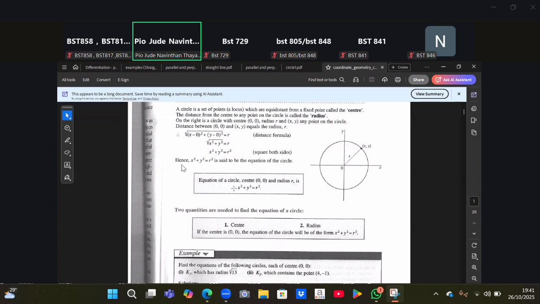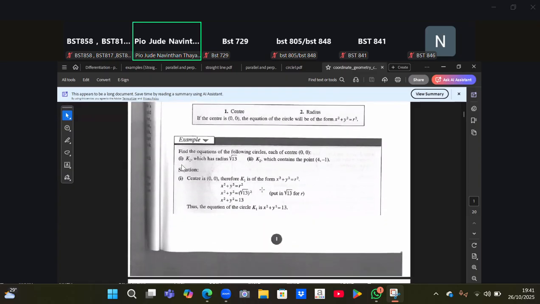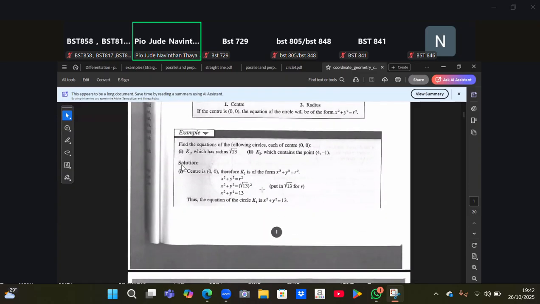There is no coefficient in front of x and y. Here r square means radius square. That is the theory.